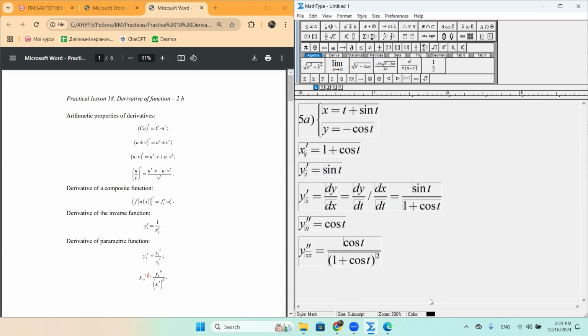Let me quickly check if we can modify it. So if we can reduce it, let's try, by the way. So 1 plus 2 cosine of t plus square cosine of t.